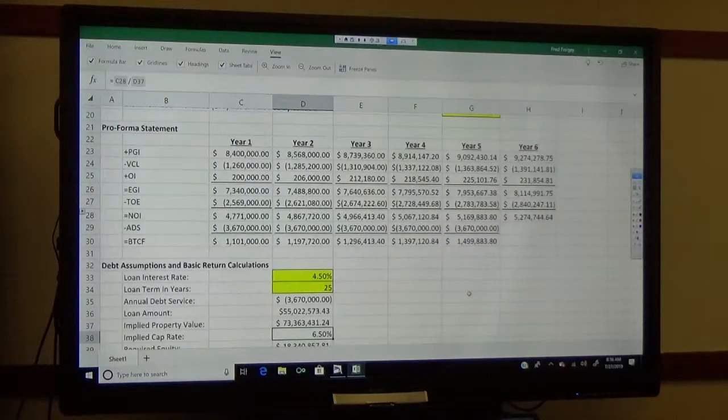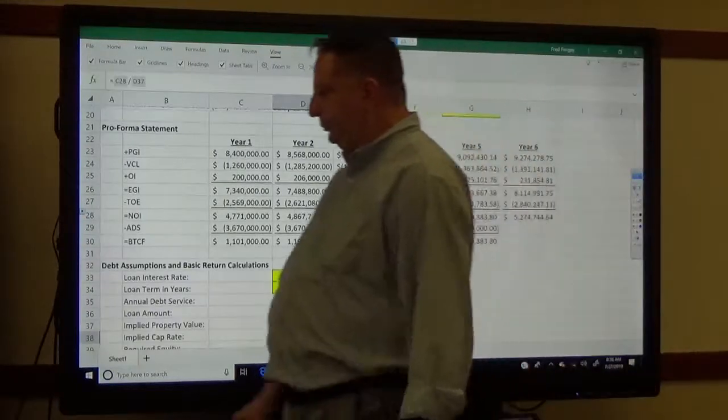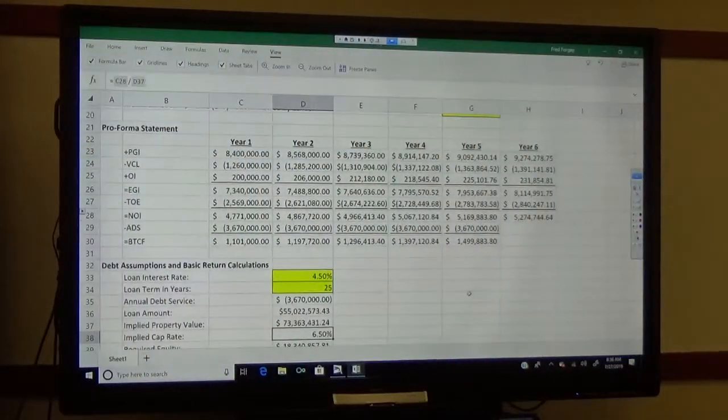We end up with an implied cap rate of 0.0650323999, or we're basically rounding it off to 6.5%. Okay, so that's the calculation right here on the spreadsheet that says implied cap rate.